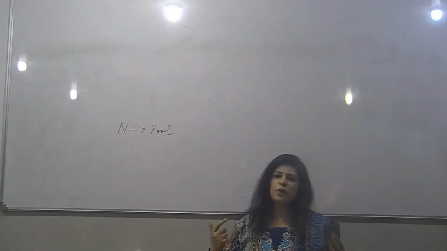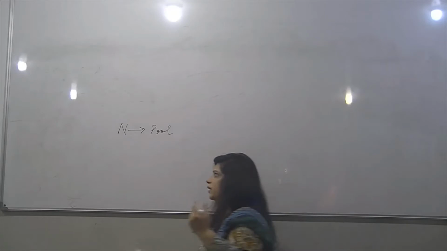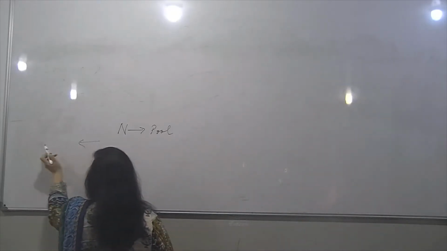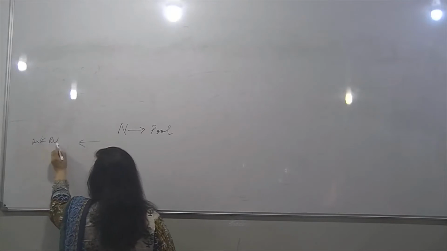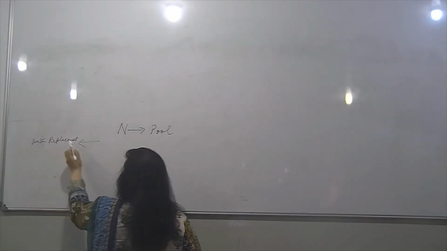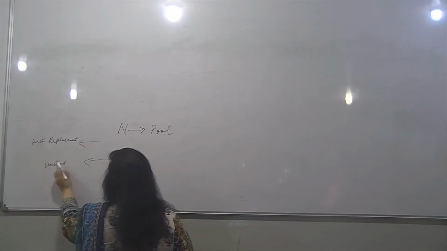The reason why we use hypergeometric is because for binomial, the background was with replacement, whereas for hypergeometric, it's going to be without replacement.